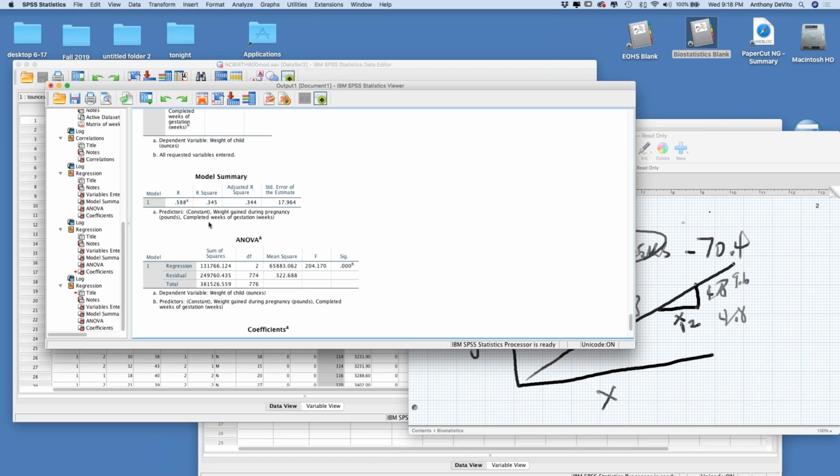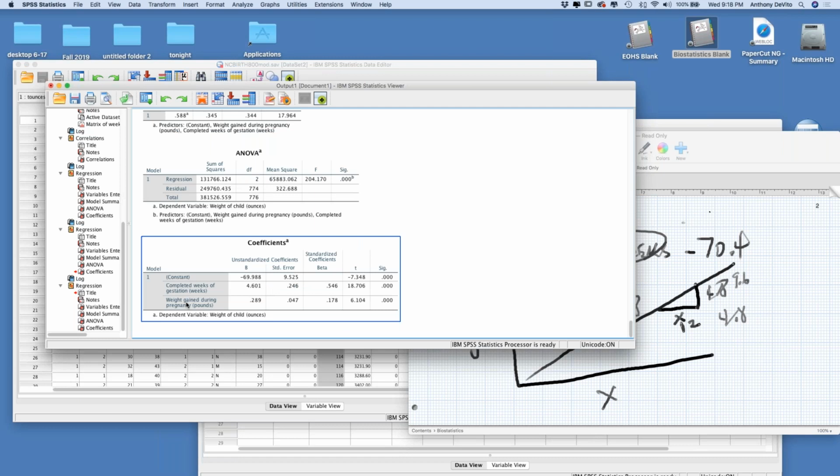For instance, if I were to put BMI in here as the independent variable, and I were going to do a multiple regression, I wouldn't use height or weight as a second variable, because height or weight is already a component of BMI.